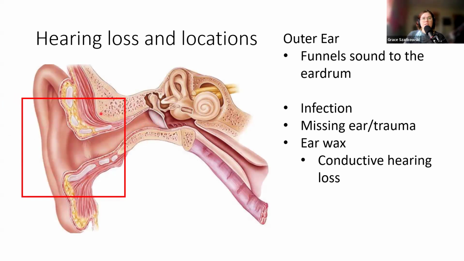Now, there can be causes of hearing loss that occur due to the outer ear alone. It could be an infection, a missing ear, trauma, or a buildup of earwax in this area. These can cause hearing loss as well, known as conductive hearing loss, meaning there's a blockage and sound cannot be conducted to the eardrum and up to the brain.